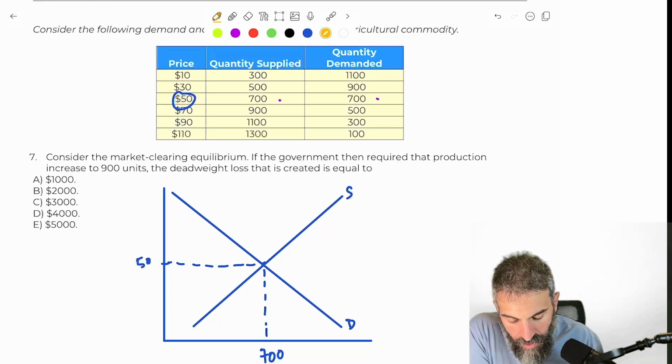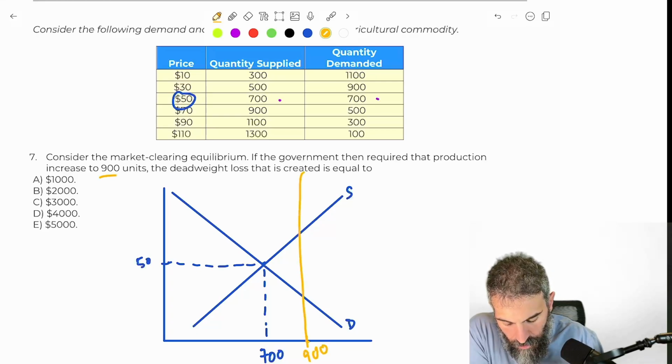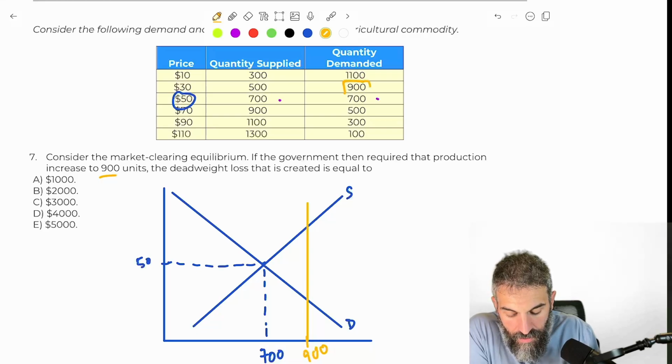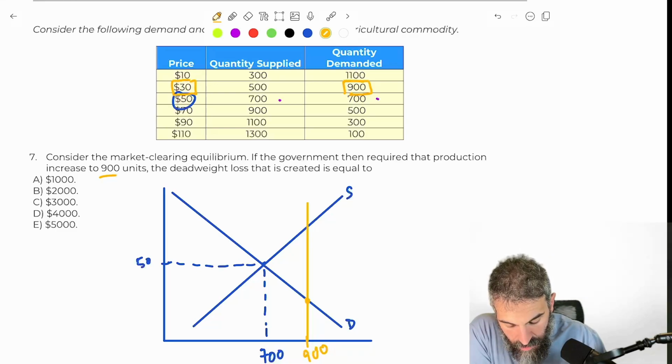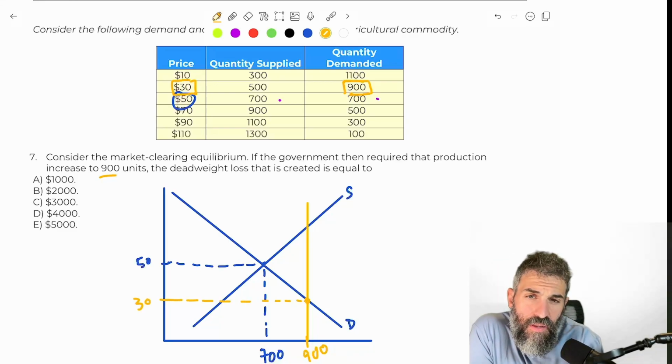Then it says, what if the government required production increase to 900? So 900 would be here. Now, if you look at the table, at 900, in order for the producers to sell 900 to the consumers, they would have to charge $30. That's the only way you're going to get the consumers' demand to be 900.